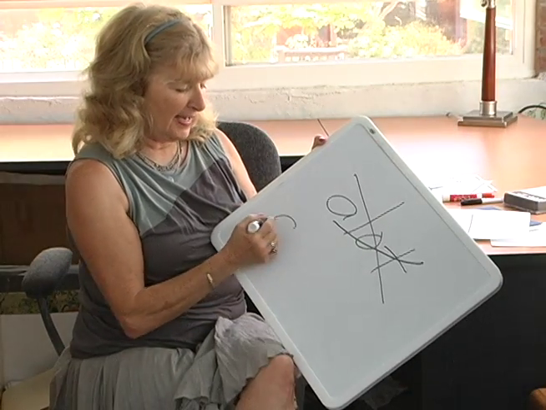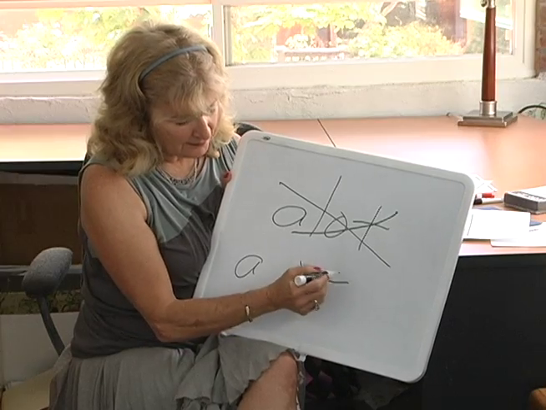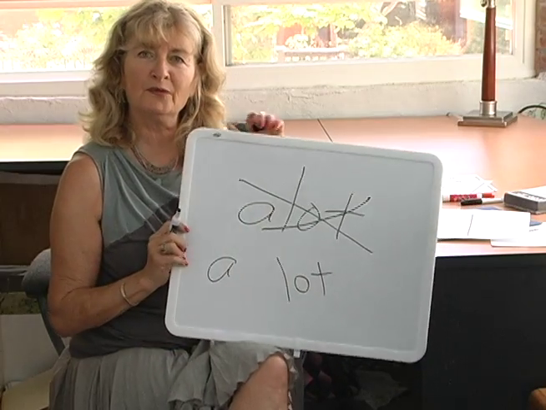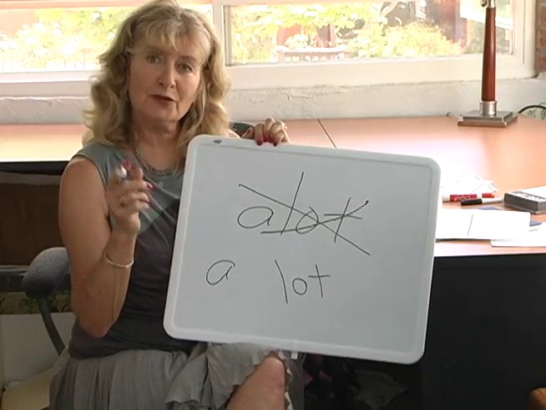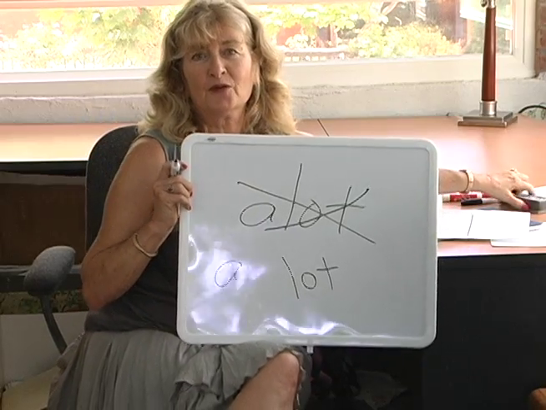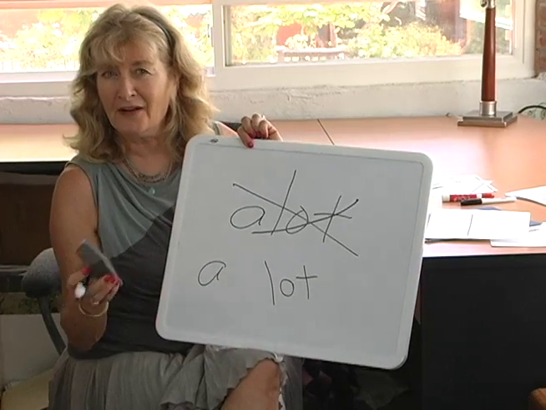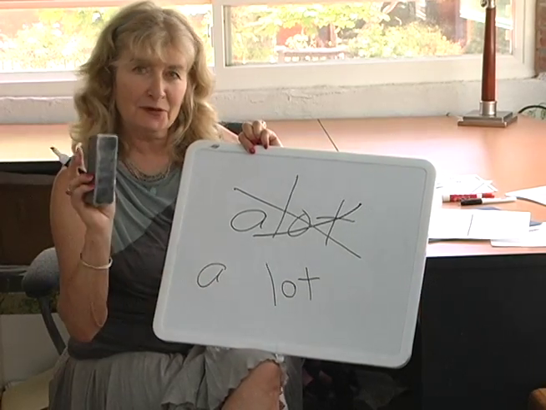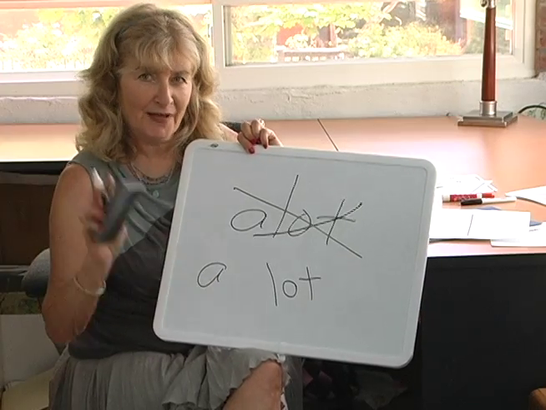There is a word a, and there is a word lot, but there's no one word A-L-O-T. Students use a lot. My suggestion is, by the time you get to English 1A, you should think of a better phrase than a lot, like a variety of, or many, or several. But if you dare to use the phrase a lot, make sure you don't spell it as one word. Not rocket science, right?